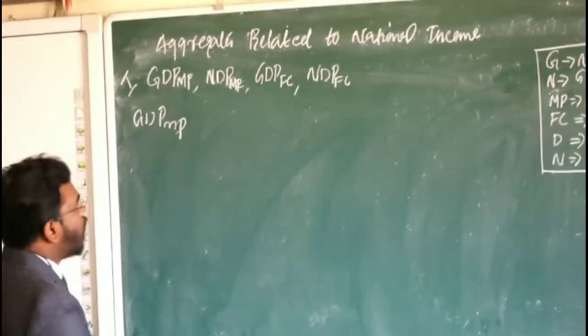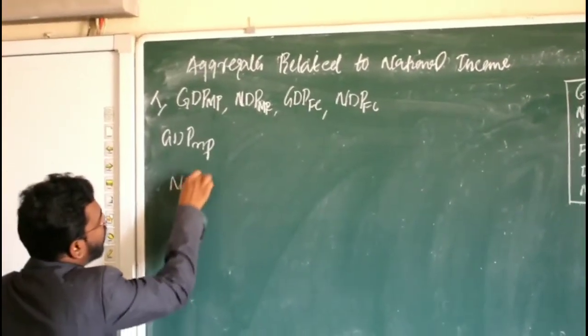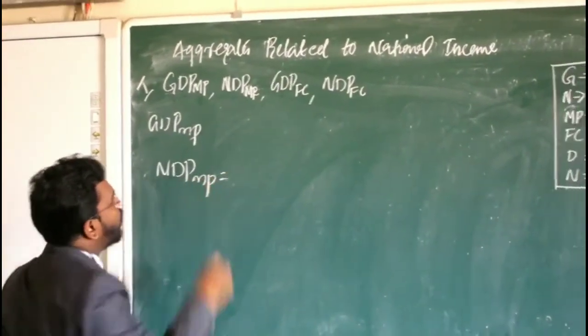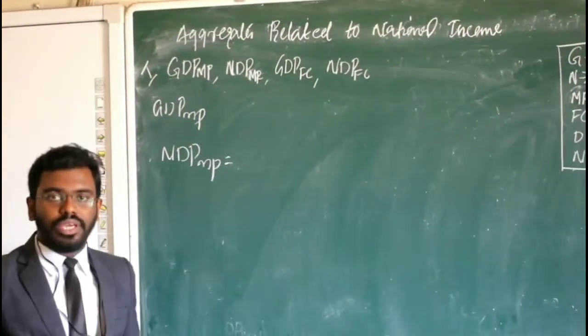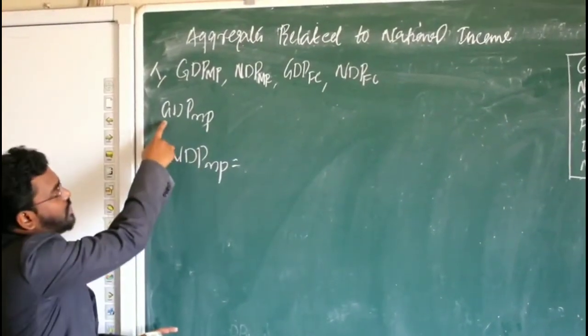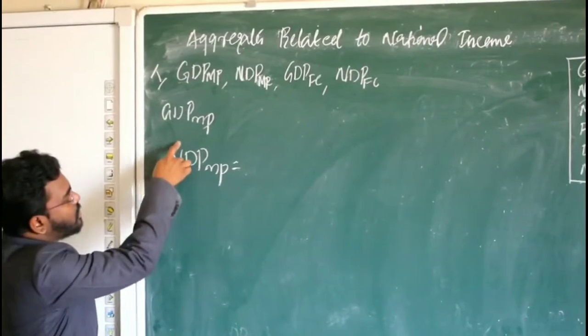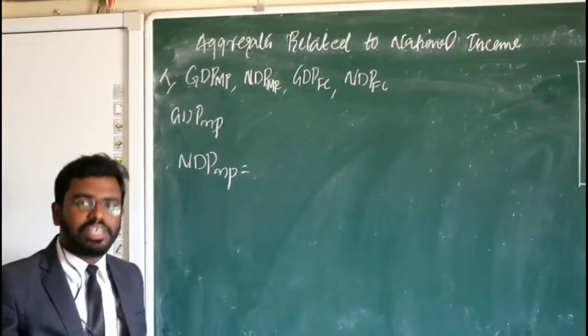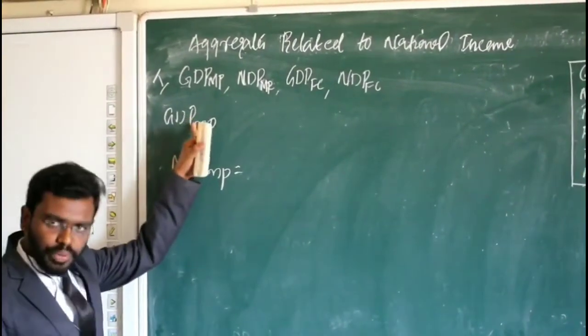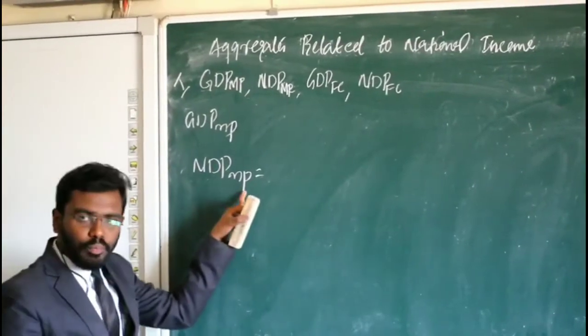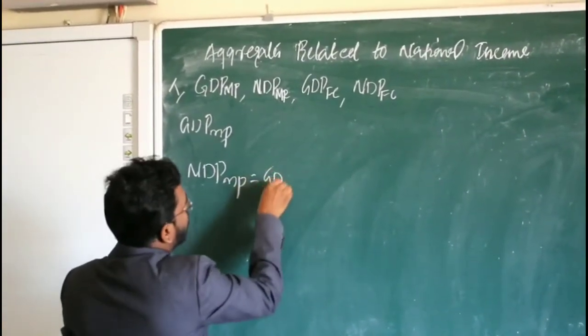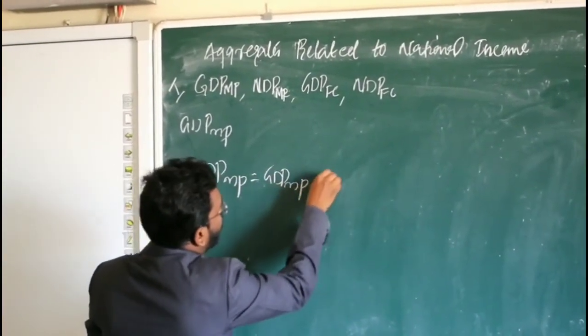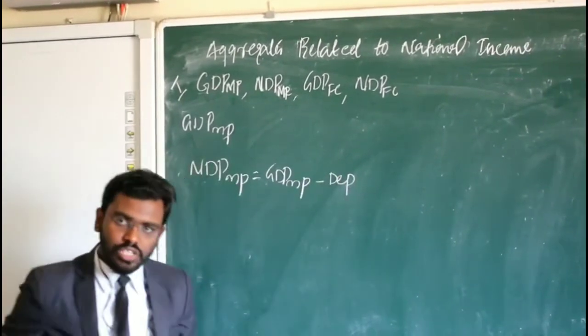Then the question is, how can we calculate NDP MP from this GDP MP? What is the change that happens? This G is changed into N. How can we change it? By subtracting depreciation. So NDP MP is equal to GDP MP minus depreciation.